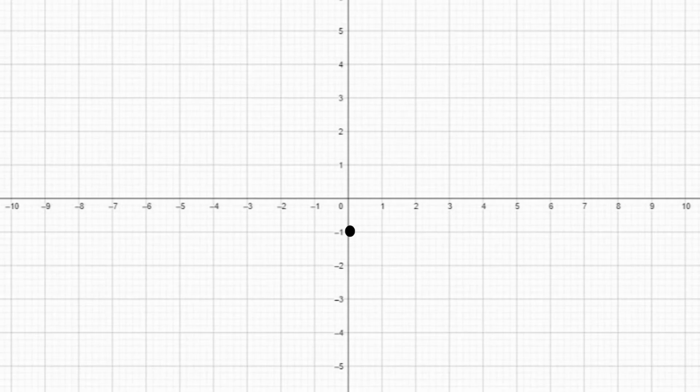And we can use that to graph. So -1 is the y-intercept, and the rise over run is 3. So we go up by 3, 1, 2, 3, and over by 1. And let's also graph this point. And this is how we turn it into slope-intercept form to graph it.